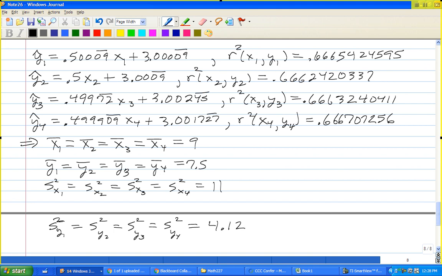So you notice that these are all sort of all the same numbers here.